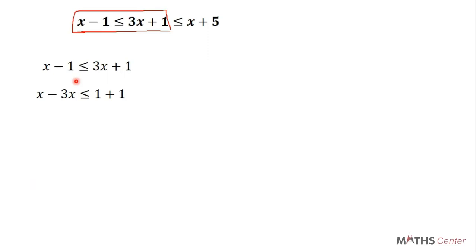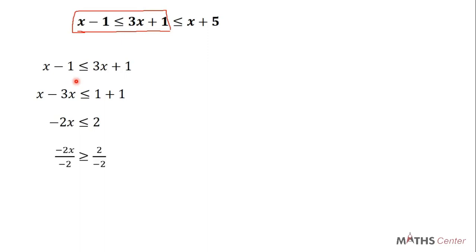We are going to have x minus 3x is less than or equal to 1 plus 1. x minus 3x will give us minus x is less than or equal to 2. You divide through by negative 2. Now remember that as soon as you divide through by a negative number, the direction of the inequality sign is going to change.